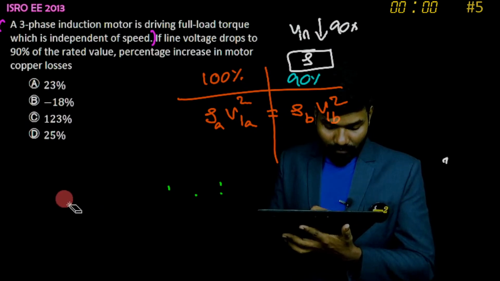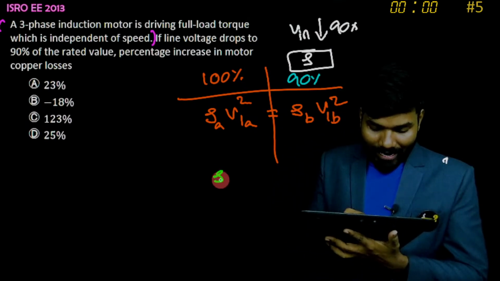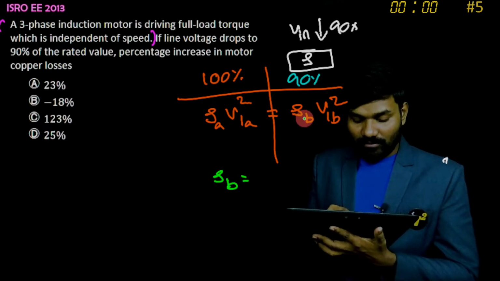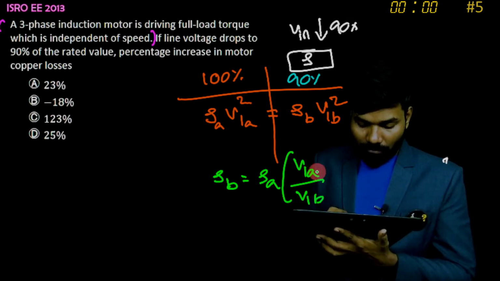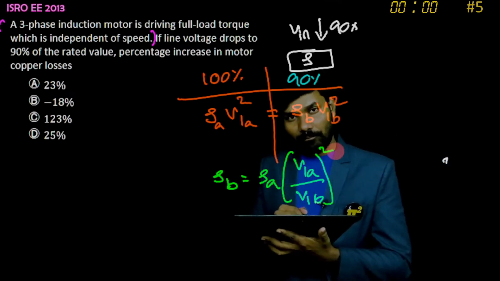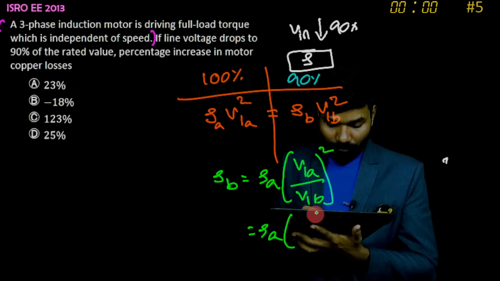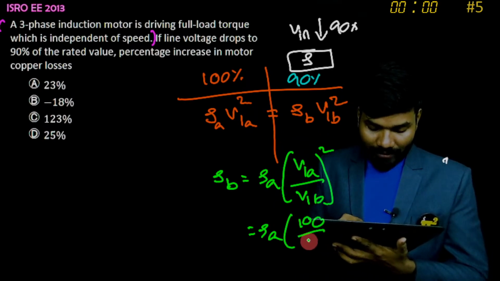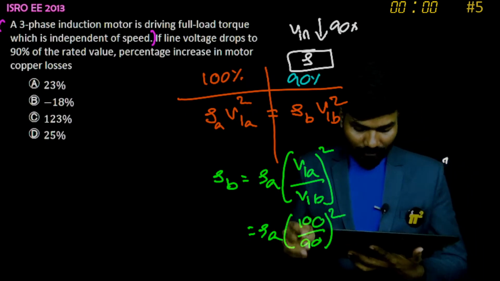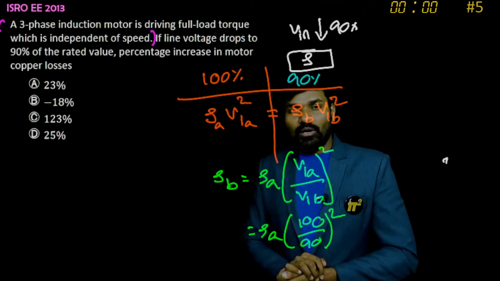I'm just erasing this. SB is equal to SA into (V1A by V1B) whole square, which means SA into (100 by 90) whole square.